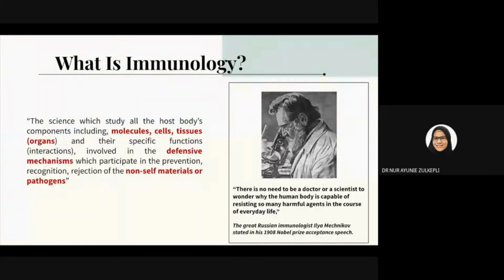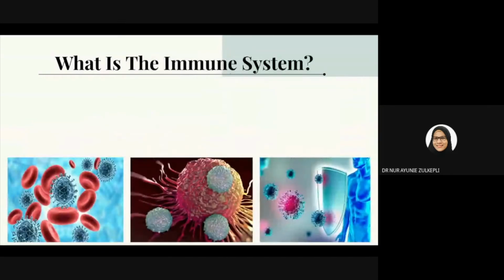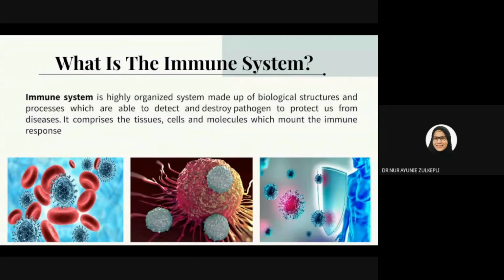Okay, so the study of immunology has been done long before. And then what is the immune system? If you want to study immunology, you have to know about the immune system. So what is the immune system? It is a highly organized system made up of biological structures and processes which are able to detect and destroy pathogens or foreign particles, that is, to protect us from any disease or illness.